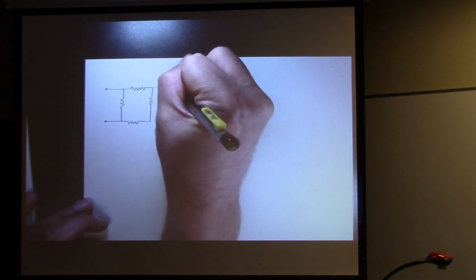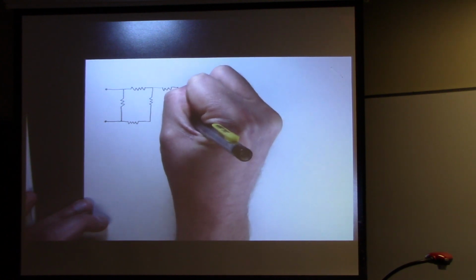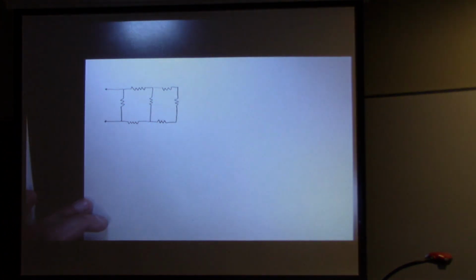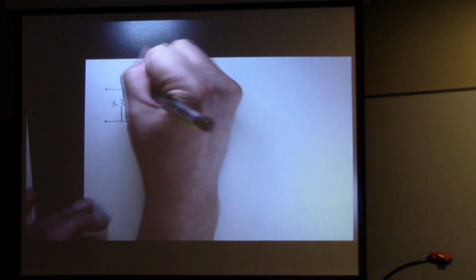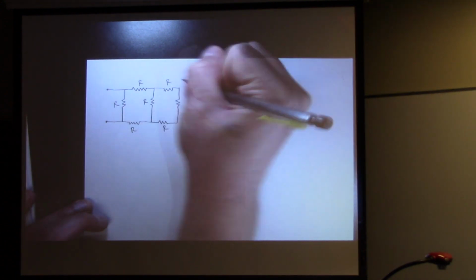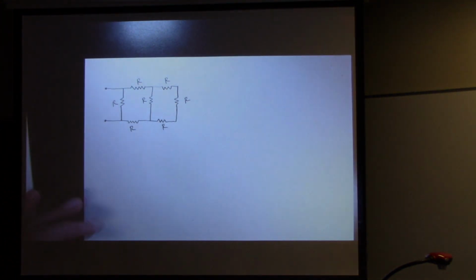One's up here, one's going vertically like this, and the other one is down here. Again, all of these R values are the same, so we'll just keep writing R everywhere.